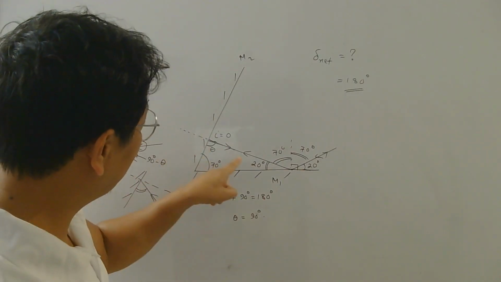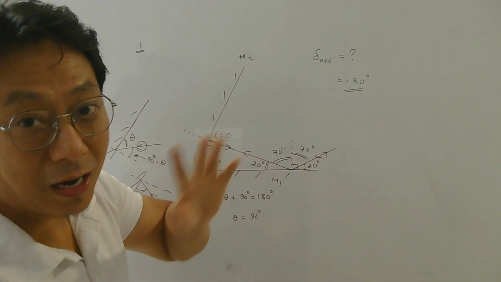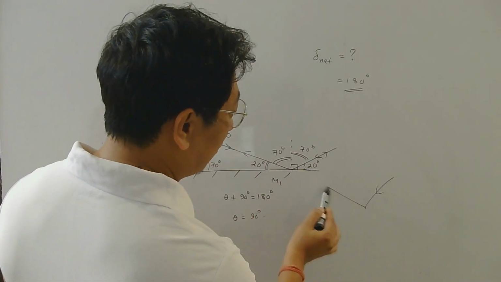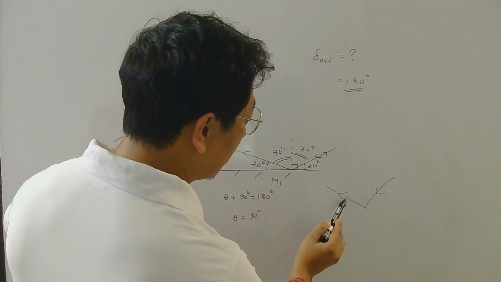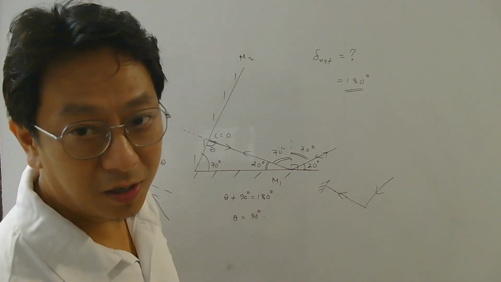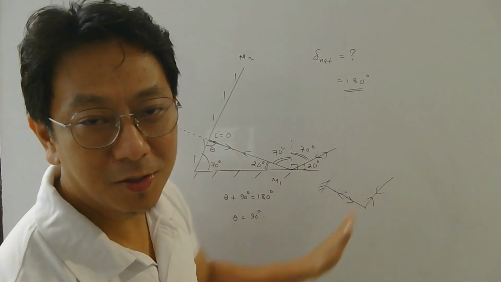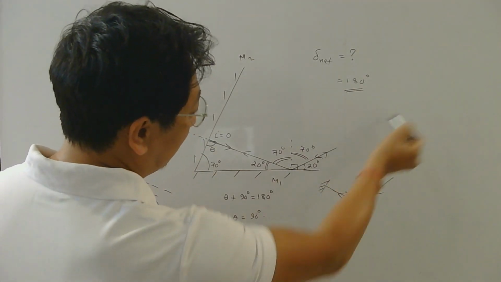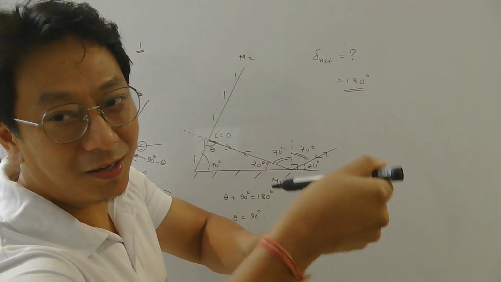And after reflection from this mirror, remember it will retrace the path because light follows reversibility principle. So if light goes this way after reflection, and if you put a mirror here perpendicularly, then light will retrace the same path. This is called reversibility principle. So this light is going that way. So therefore total deviation is 180 degree, right?